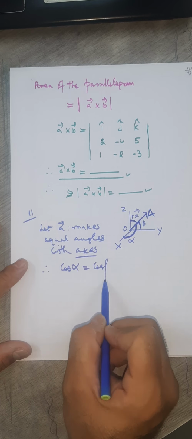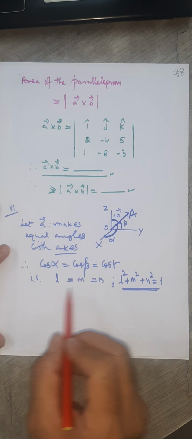That is nothing but l equals m equals n. And parallelly you have this condition also: l square plus m square plus n square equals 1, remember. This is always true for direction cosines as well as angles. Fine. Now this is given to you. As far as direction cosines are concerned, equality is given to you. Equally inclined, remember. Now we use this concept.